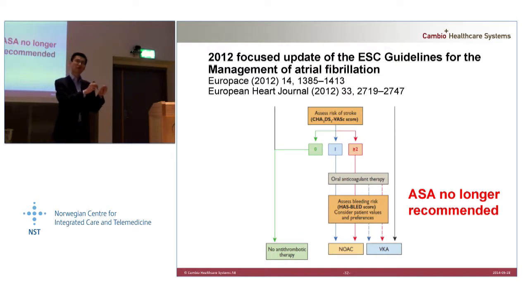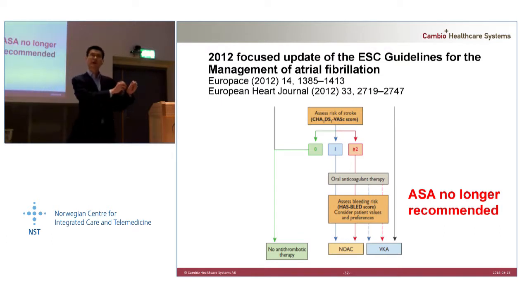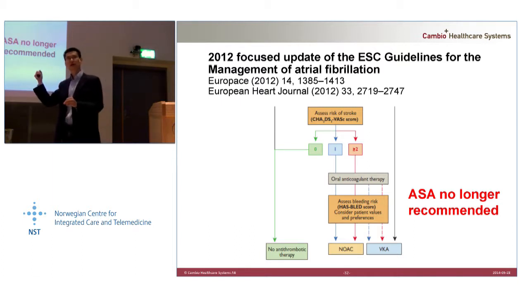It causes the same amount of bleeding risk, but doesn't provide benefits in stroke prevention. So the evidence is so strong that they pulled ASA from the recommendation. In clinical trials, you have the highest level of evidence based on randomized trials from different sites, and they revised the guideline so that ASA is no longer recommended.